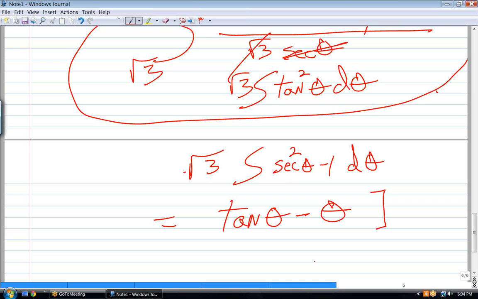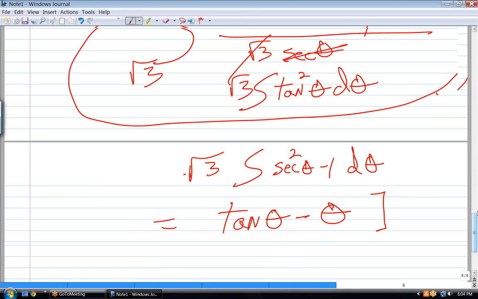Evaluated, I could either have changed my limits of integration to evaluate it, or let's now not evaluate this, but turn it back into polynomials and evaluate it at the old limits. So what's the tan of theta equal to from my triangle?